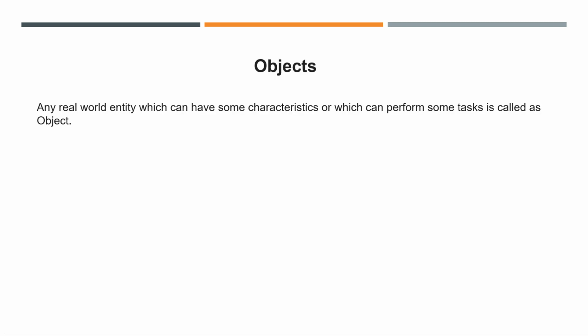Now let's move to the definition of an object. So what is an object? An object is any real world entity which has some characteristic or which can perform some task. So when I say Audi, when I say mobile, what is that? These are objects.